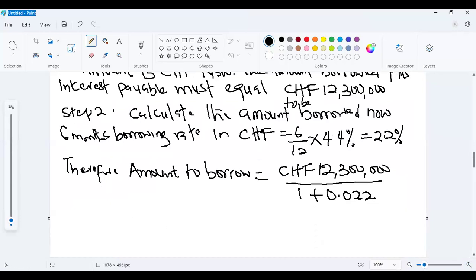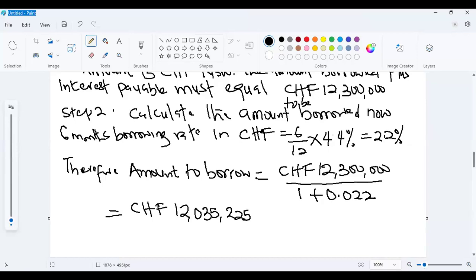Please determine the amount the company will borrow now. What do you have, please? The amount to be borrowed now, 12,035,225.05. You can ignore the points. This is the amount we are going to borrow now.